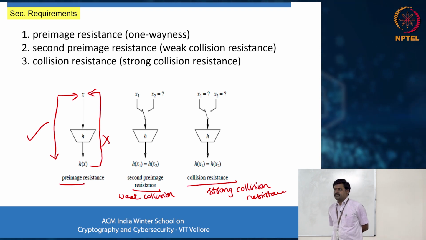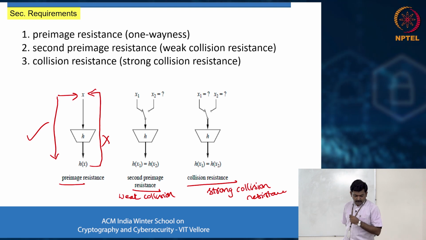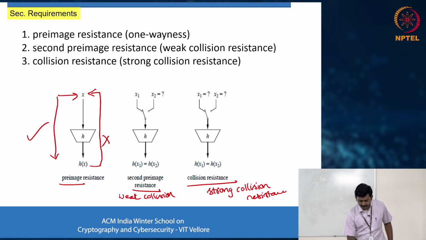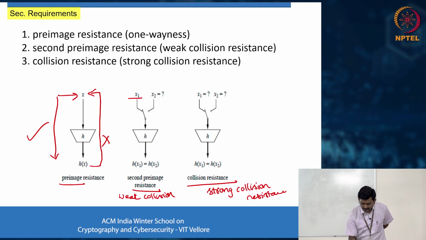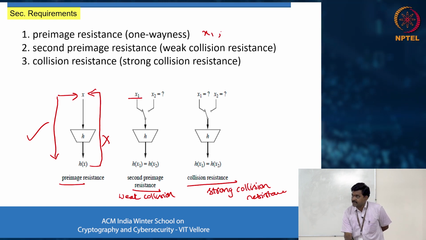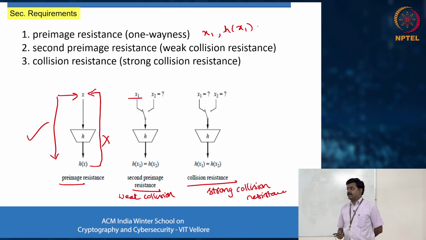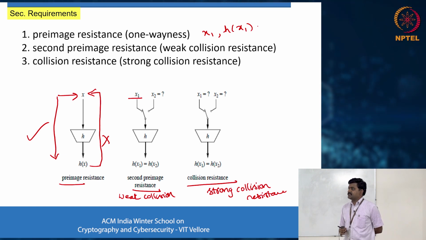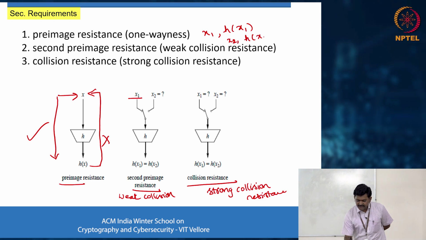Based on this premise, weak collision resistance says: if I have one particular message x1 and its corresponding hash, h of x1, then I should not get another message x2 having the same hash.